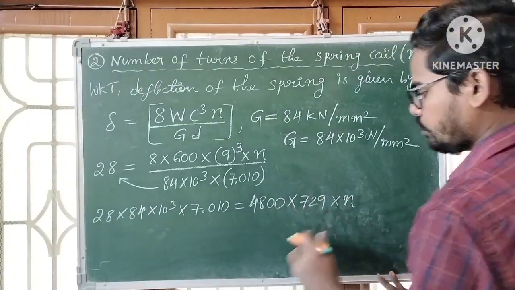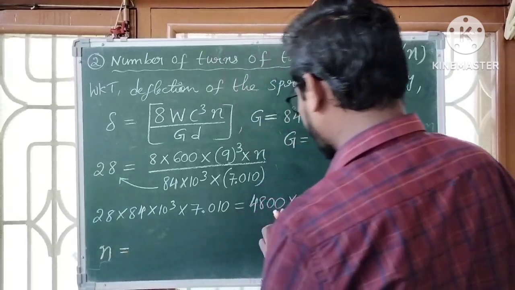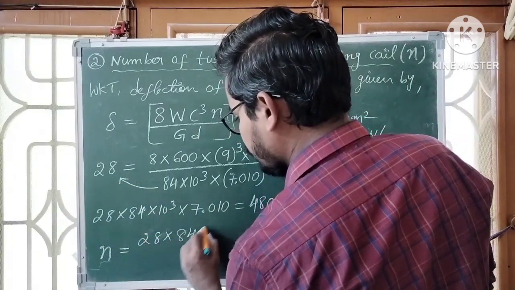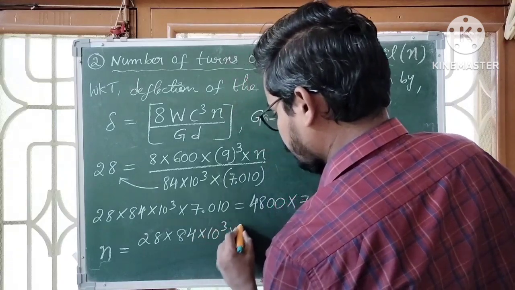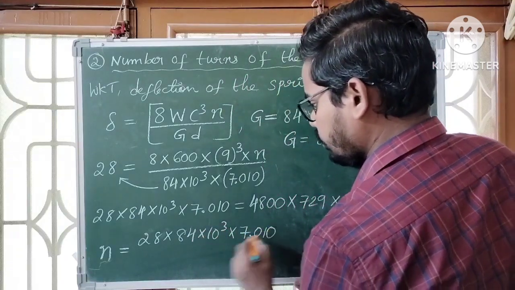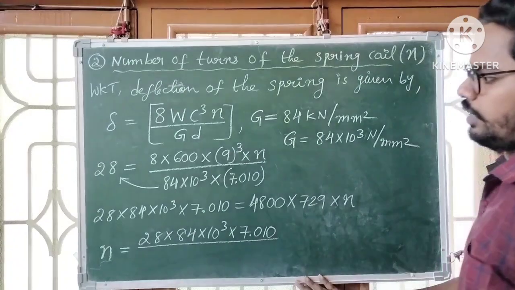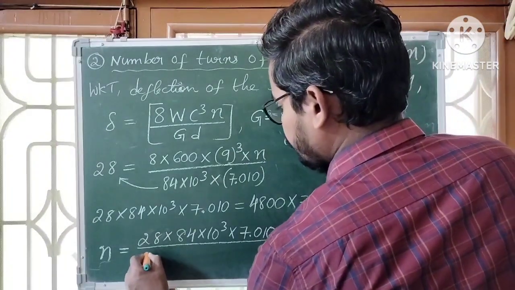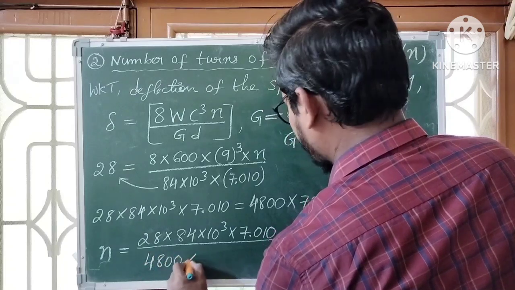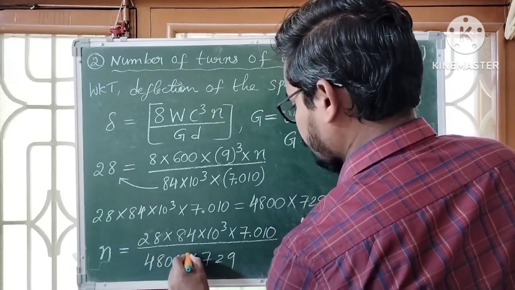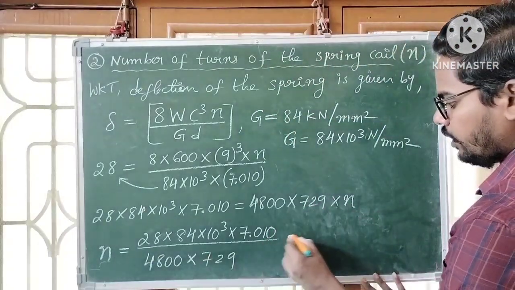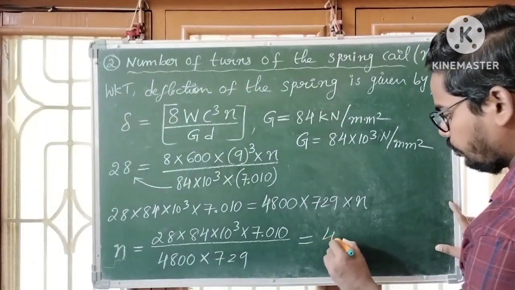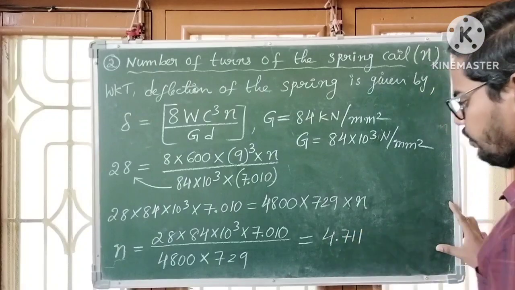Now transpose these two, so n is equal to 28 into 84 into 10 cube into 7.010 whole divided by 4800 into 729. If you calculate, you will get an approximate value of 4.711.